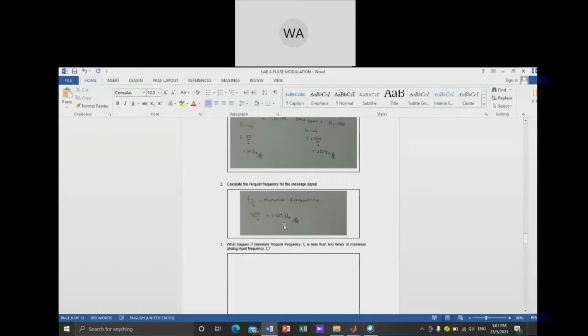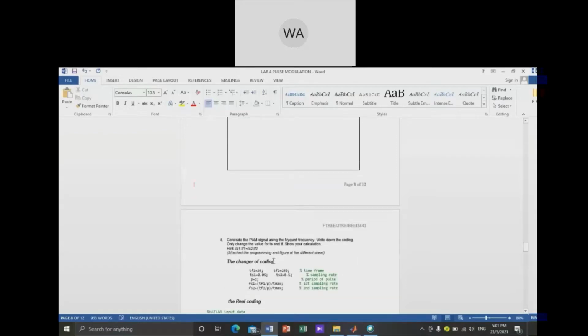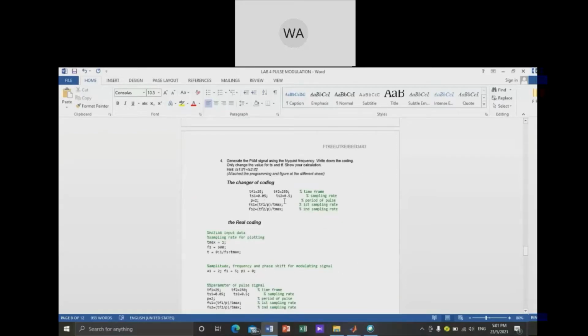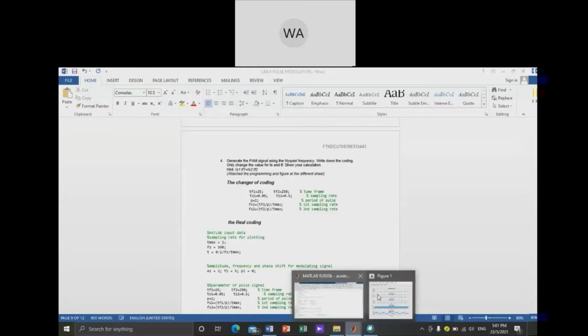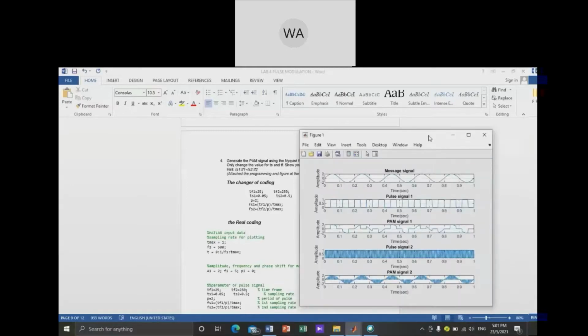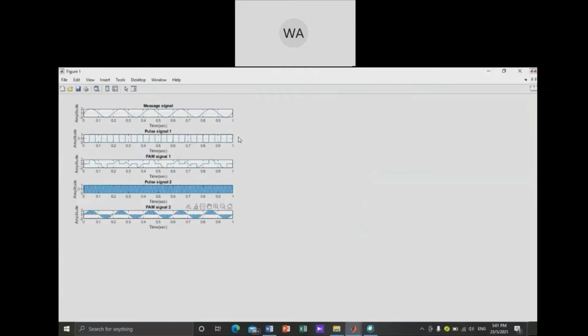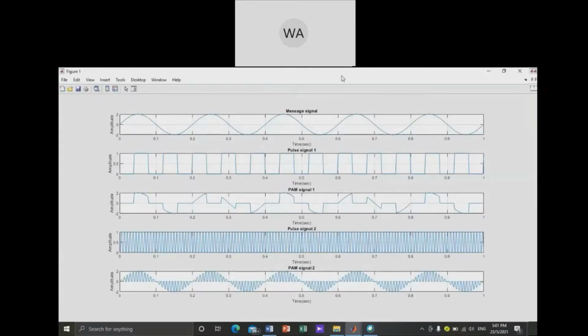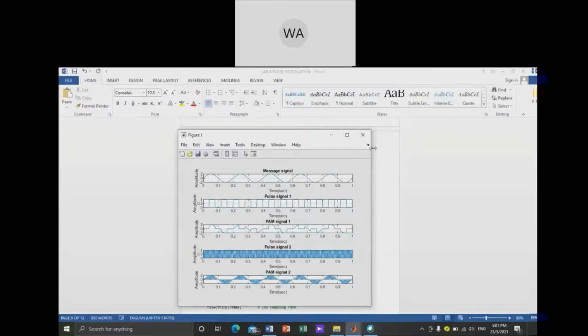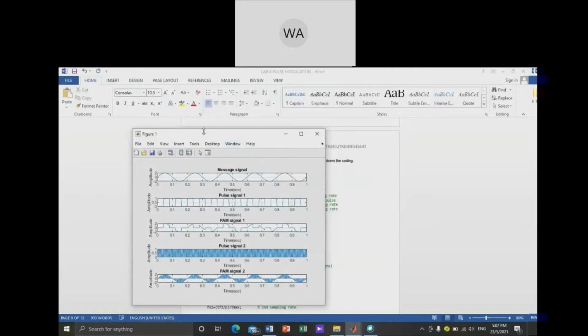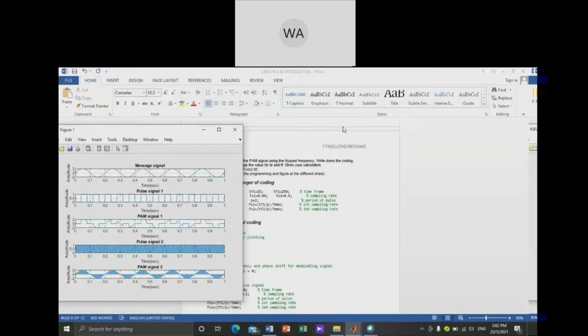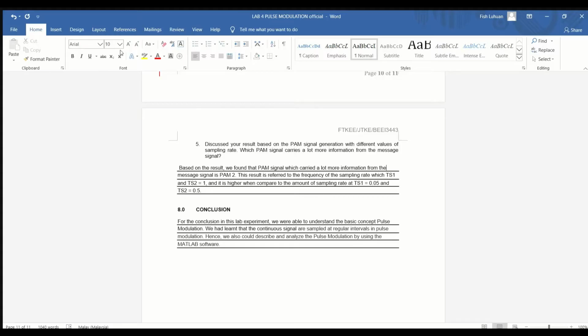It used this formula to generate and find the time frame and sampling rate. Okay, this is the output. The output is same, only the frequency that change. That's all.